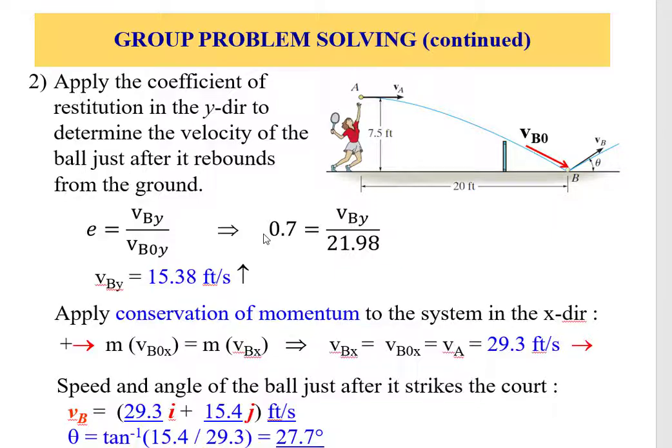So having that said, you can apply then the coefficient of restitution to define what happened before and after, right? And since the rebound happened in the y direction, the line of impact is on the y, so you only consider the VBY naught, right? And you can calculate the VBY.